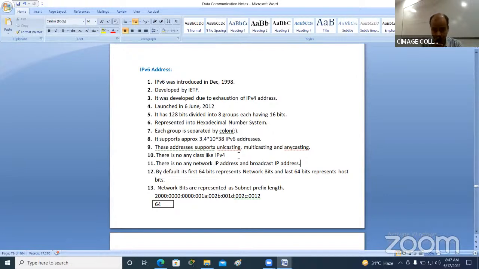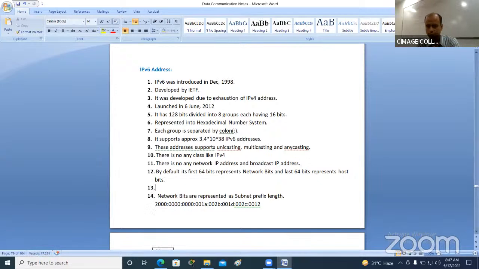And here there is no any subnet mask. There is no subnet mask like we have used in case of IPv4, 255.255.0.0 or something like that.